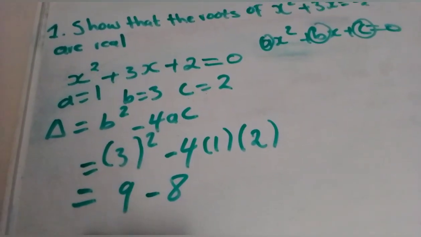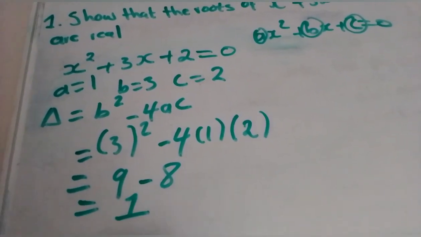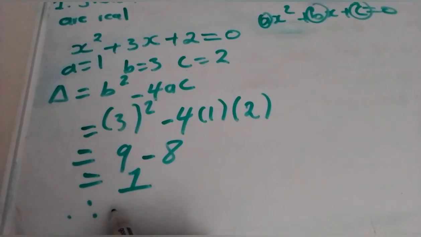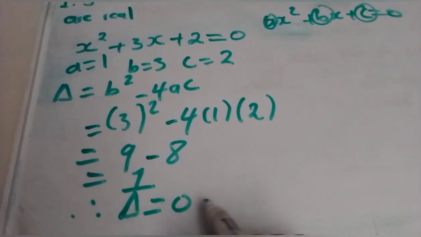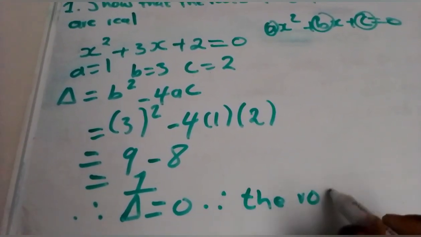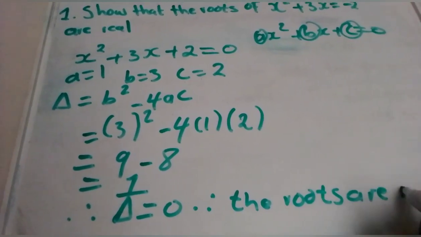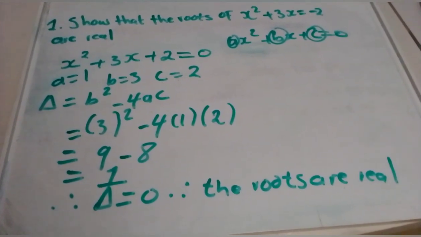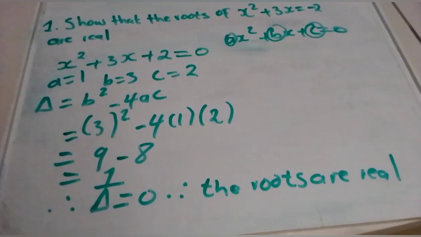Then you get positive 1. At the end of your answer, you need to conclude that the delta equals 0, so the roots are real. You need to conclude all the time. You are telling them what they asked you. They say show that the roots of that quadratic equation are real.